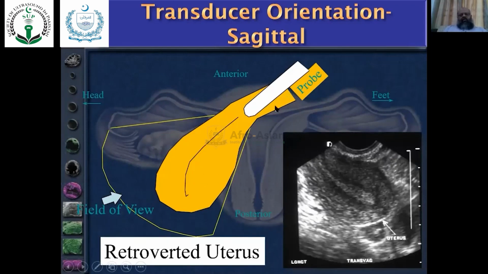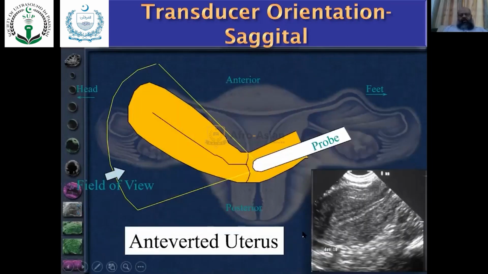And when we put the transducer, we will move it a bit upward so that we can see the body which is going towards the posterior side. And on ultrasound, on our monitor, we will be able to find this type of view in which it is going towards your right side, whereas anteverted was this one.